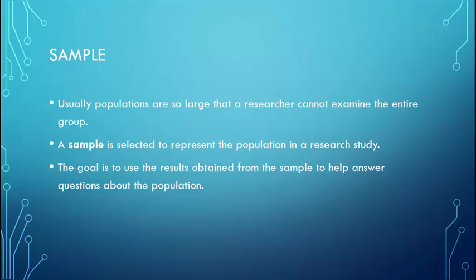Is their GPA lower or higher than those who have been here longer and have more units? My interest isn't in those 50 people in my sample. My interest is to be able to say something about the population, about everyone in the college. And so our goal is to use the results obtained from our sample to answer questions about the population.